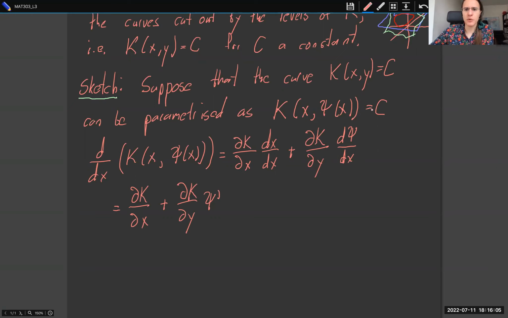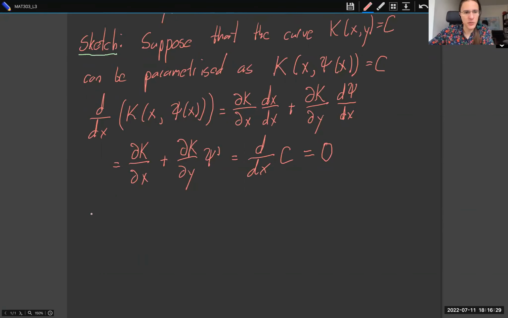This expression we assumed was equal to c. So this is equal to the derivative of a constant, right? And what's the derivative of a constant? 0. Well, it's 0. Yeah.